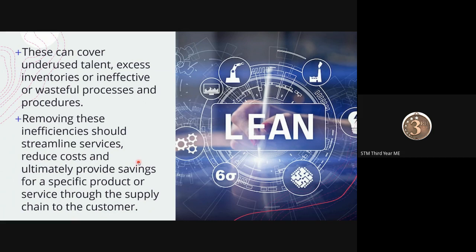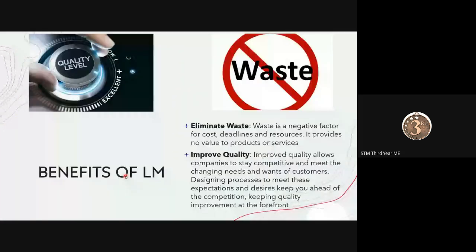Such a thing is known as savings. From the profit incurred from the product, a sufficient amount of money is then used as capital for producing the product. So these are the areas that lean manufacturing covers.